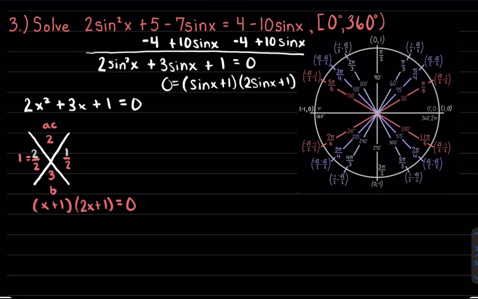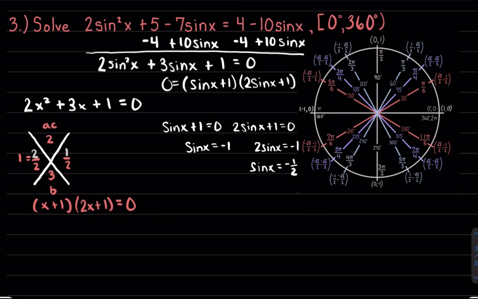And so now if I set each of my factors equal to 0, I have sine x plus 1 equals 0 and 2 sine x plus 1 equals 0. If I solve for sine x in the first one by subtracting off the 1, I have sine x equals negative 1. And on the second one, if I subtract the 1, I have 2 sine x equals negative 1. But then I have to divide off the 2, so sine x is equal to negative 1/2.